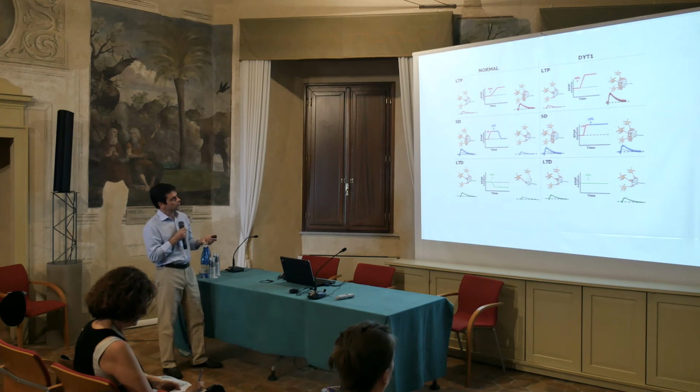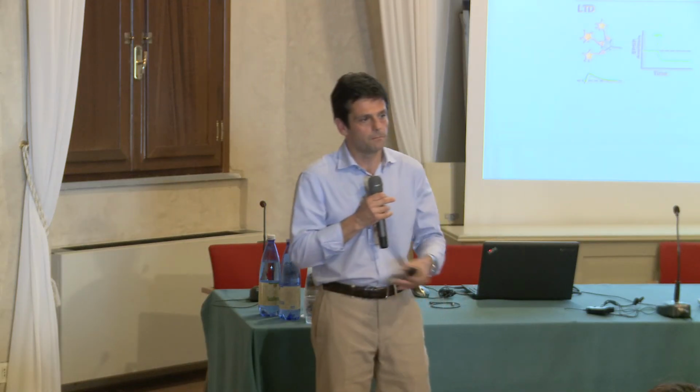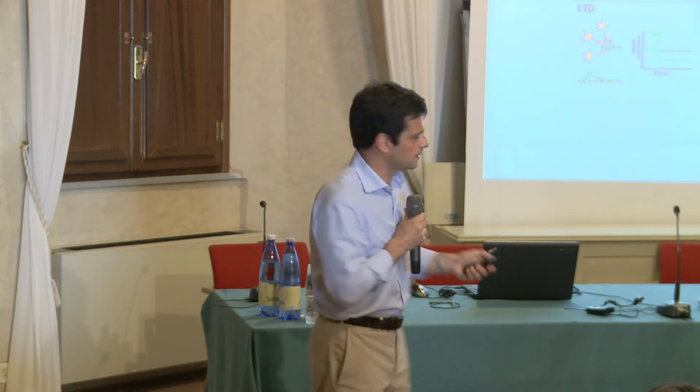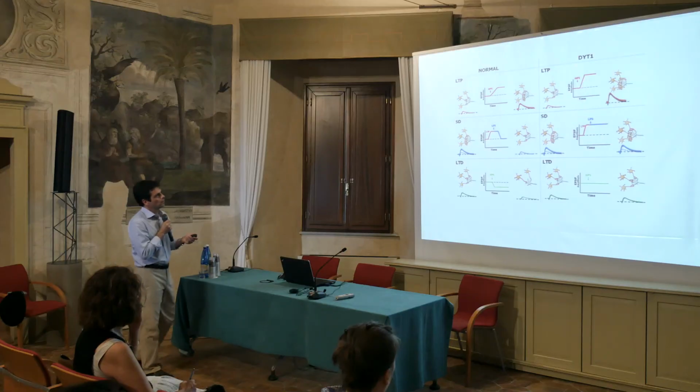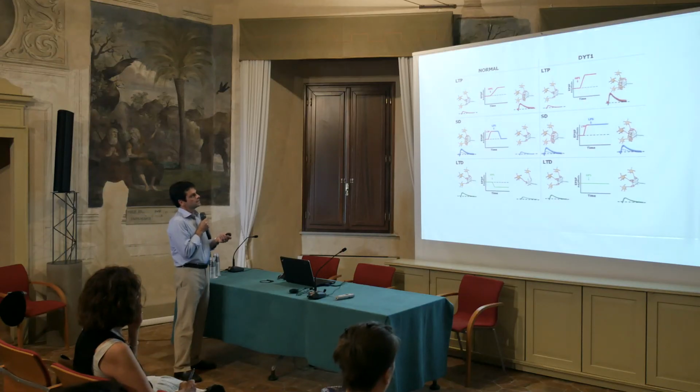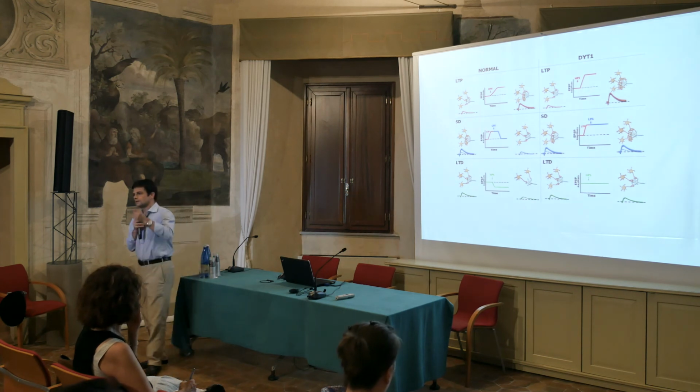in normal condition, you give high frequency stimulation in the absence of magnesium, you get LTP. Then you get depotentiation, or otherwise you can get LTD. So this is a normal bidirectional plasticity. What we observe in DYT1 knock-in mice is a huge LTP without any sealing.